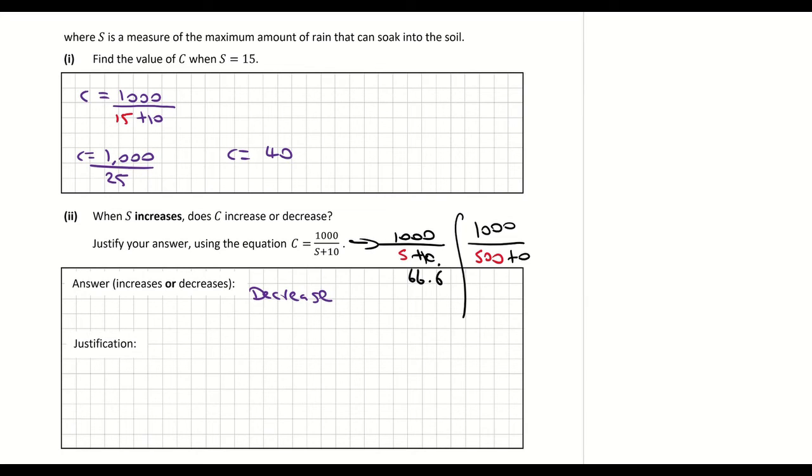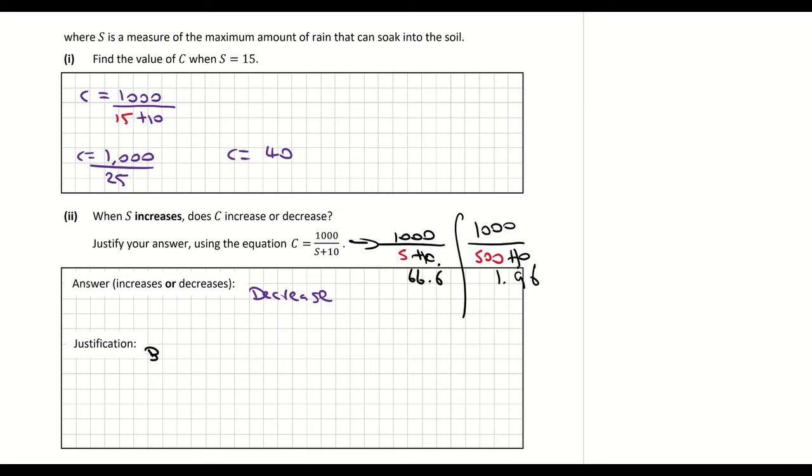That's going to be 1000 divided by 510, which is giving us an answer of 1.96. So what that's telling us is the value of my answer C is in fact decreasing the bigger the value I put in for S. So that's basically my justification.